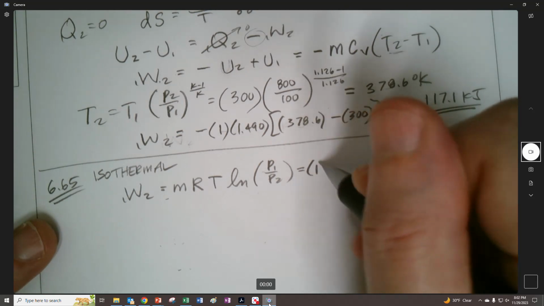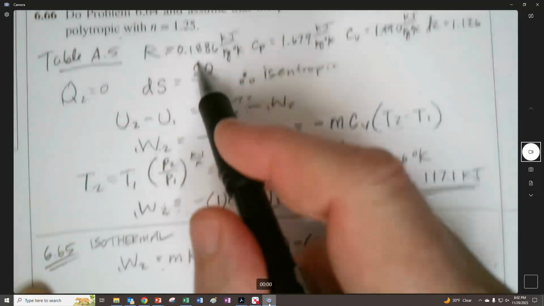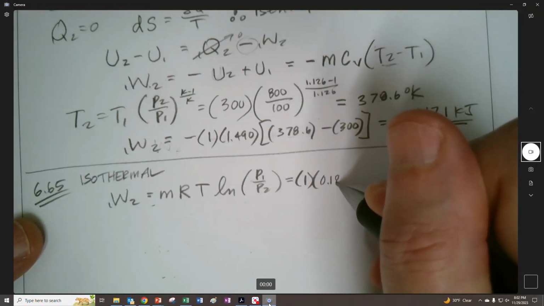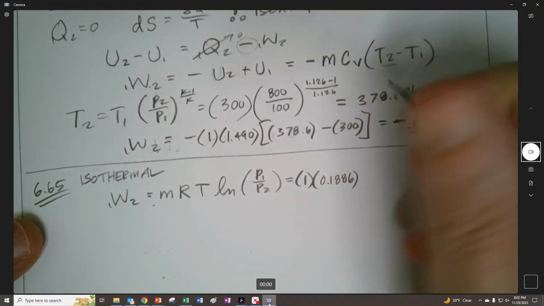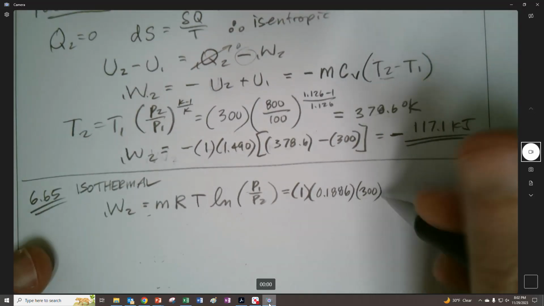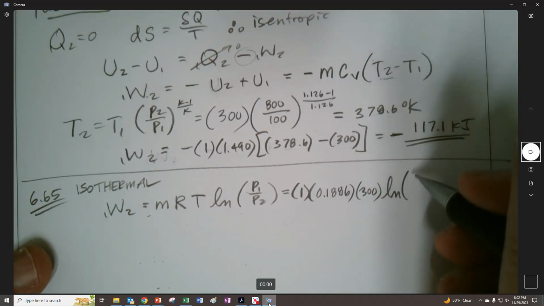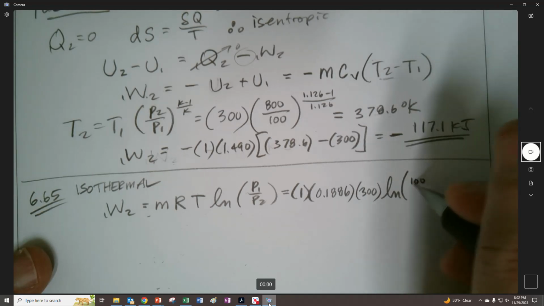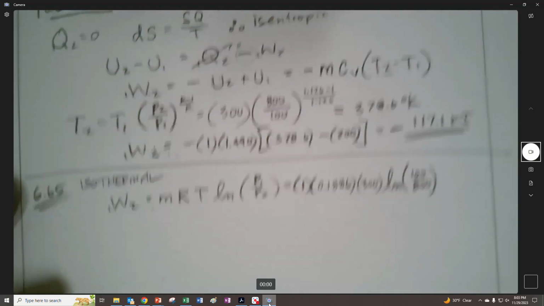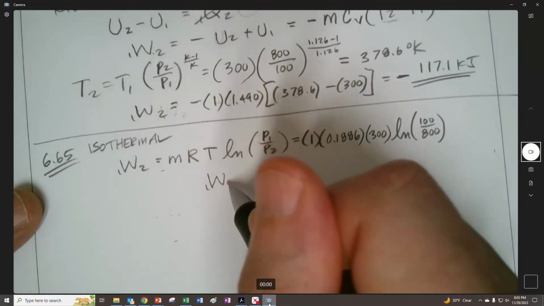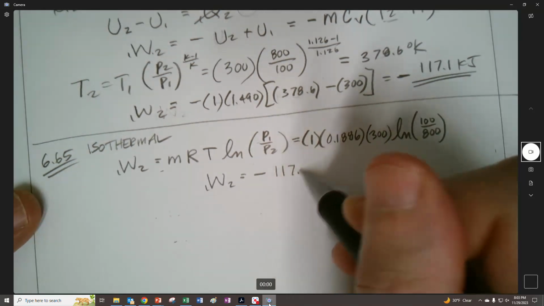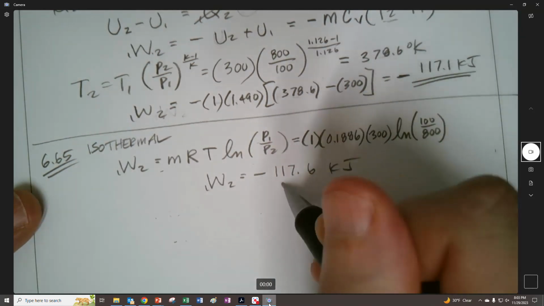We have 1 times R, which was 0.1886, T, which is 300, and then the natural log of, I think, 100 over 800, right? Is that true? Yes. And the work between those two states, we end up finding that it's going to be a negative 117.6 kilojoules.